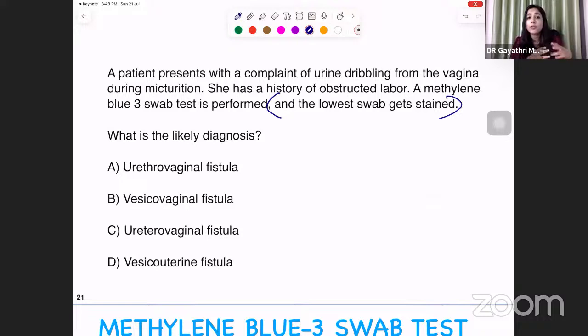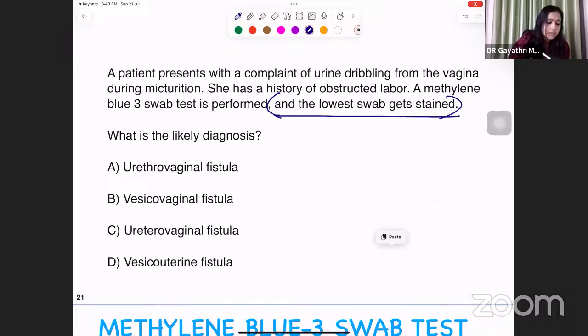The most common cause of vesico-vaginal fistula in developing countries like India is obstructed labor. In developed countries, the most common cause is surgery, such as hysterectomy. Here they have given additional information: only the lower swab gets stained.